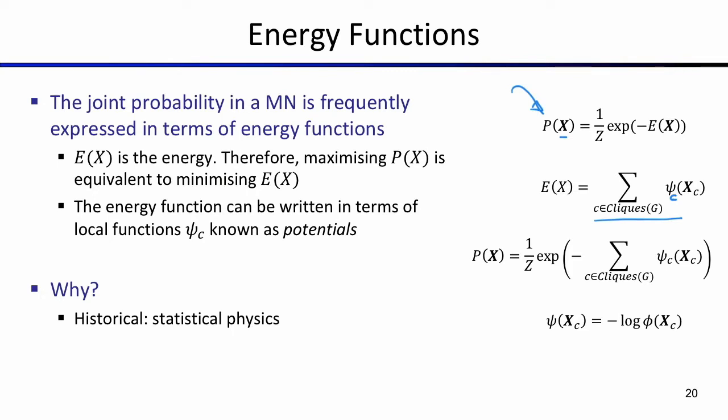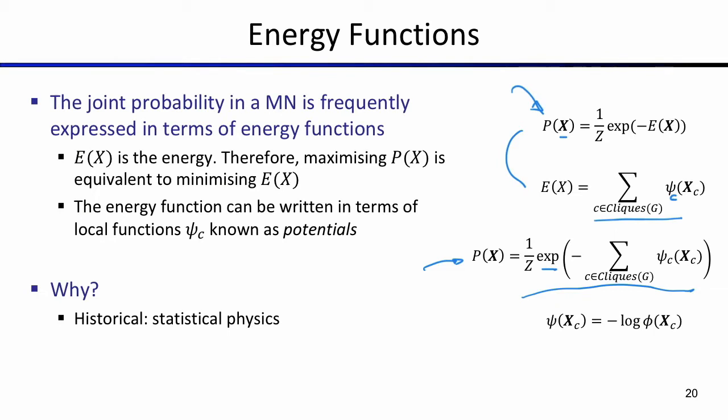So if we put these two things together, we have this equation here. The probability of x, the joint probability over all variables in the Markov network, is going to be this long expression here. That's very similar to what we had before, but now we have this exponentiation. Actually, it's just another way to express the same idea, because we can convert this exponential of sums into a product of exponentials.